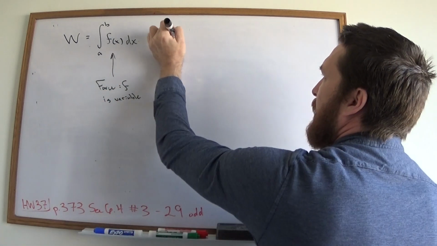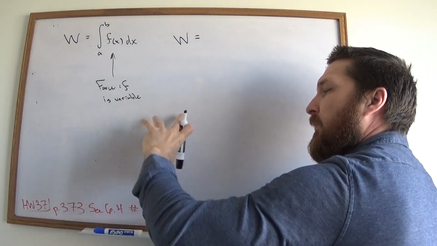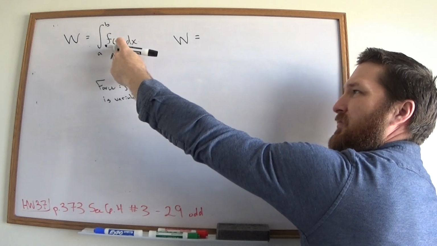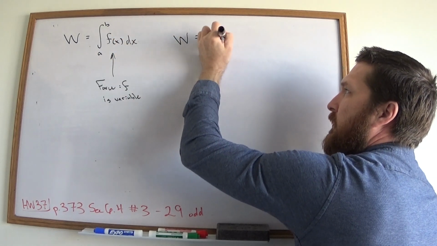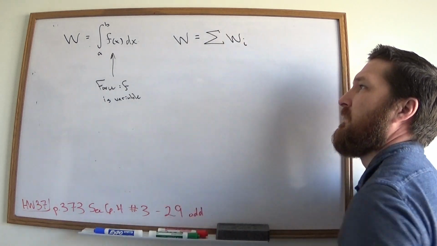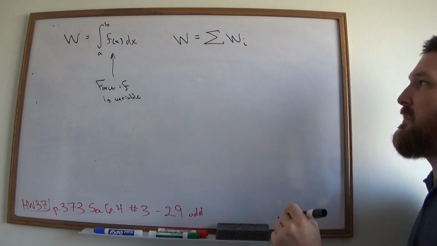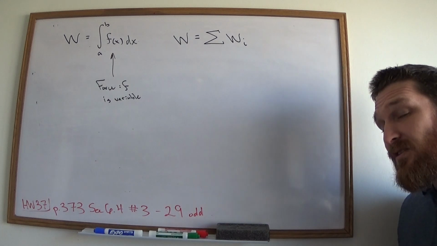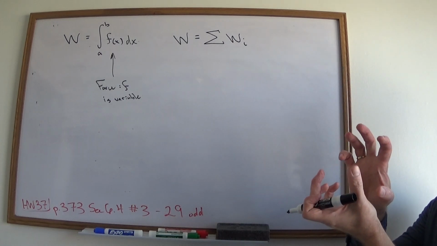On the other hand, work with the rope setup, the force was variable, but we didn't have a function describing it, right? And so what we did is we added up the individual works. The force itself wasn't constant, but the acceleration of gravity was constant, right? But we didn't have a function to do that.